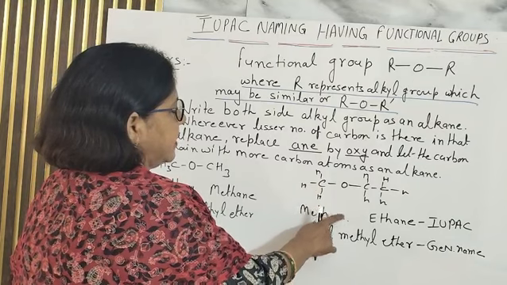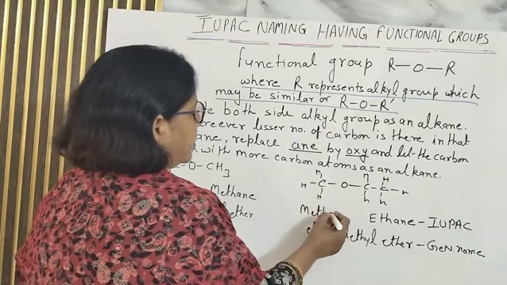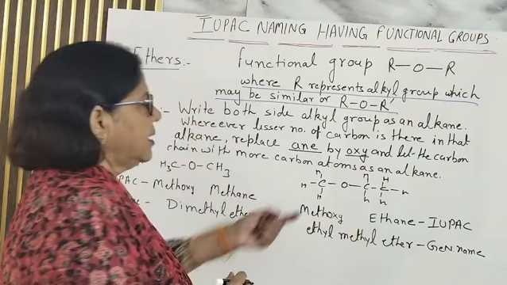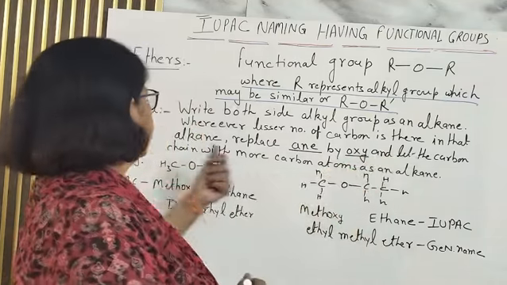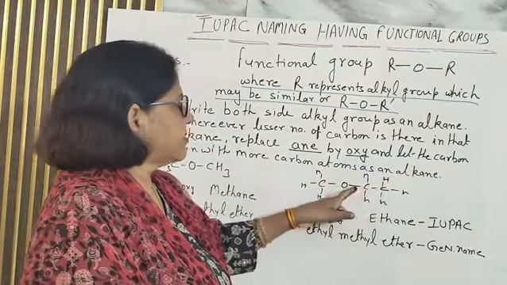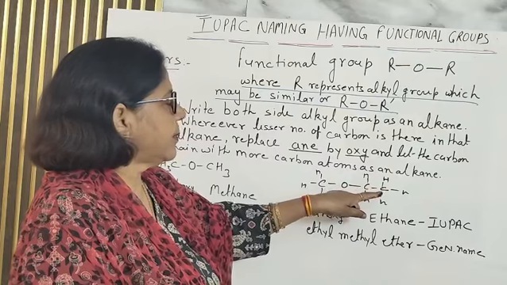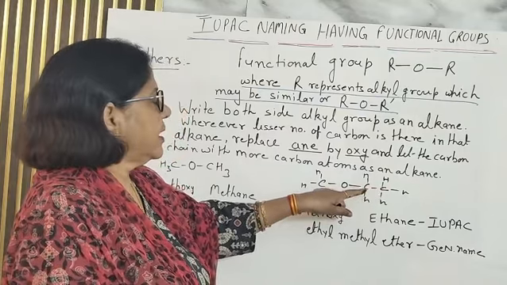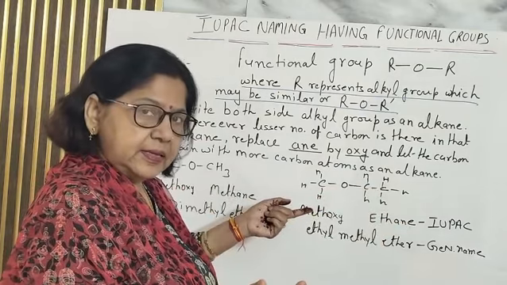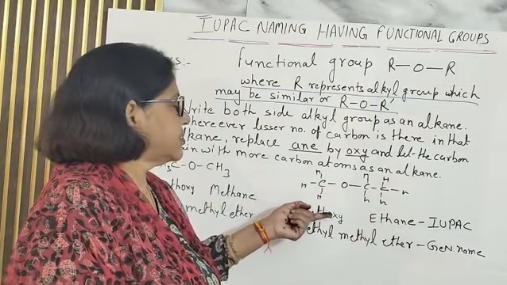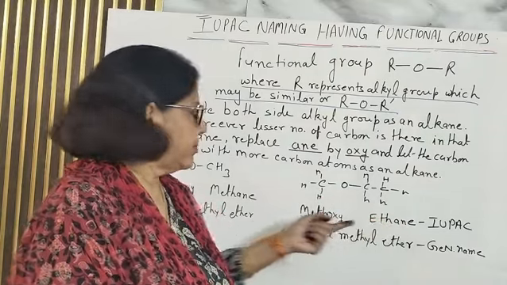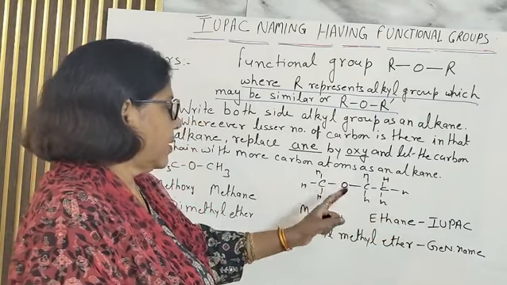I will replace this ane by the word oxy, and let the carbon chain with more carbon atoms, the bigger chain, be an alkane, ethane. So what is the name of this ether? Its name will be methoxyethane, and that is the IUPAC name, methoxyethane.